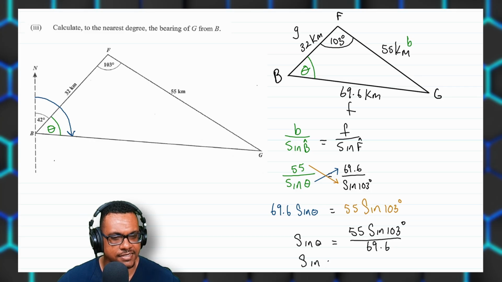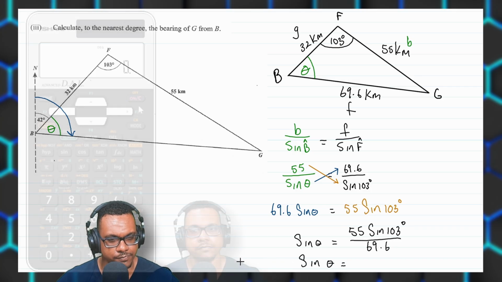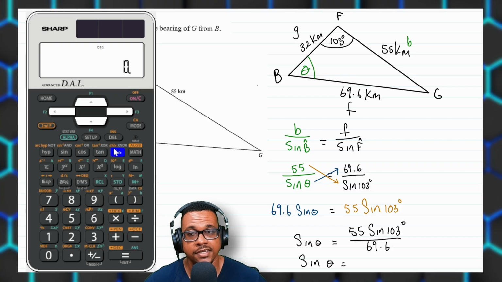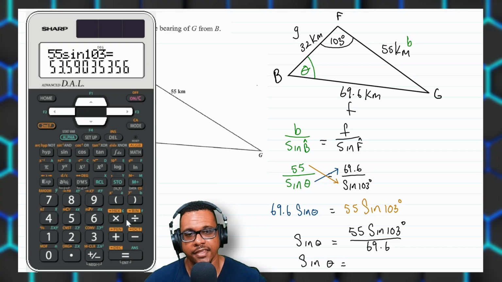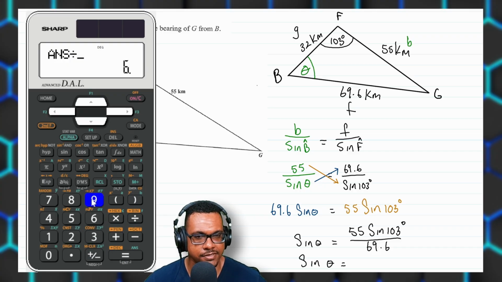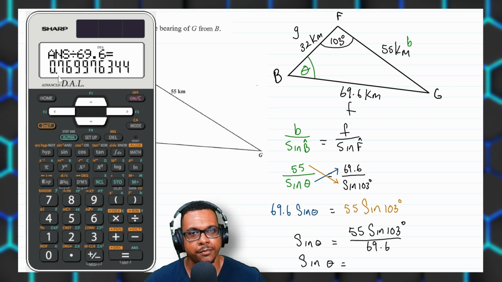So sine theta is equal to, I can just do that whole thing on the calculator. So we press 55 sine 103, press equal, and then you can just divide that by 69.6. And we get 0.7699, and so on.